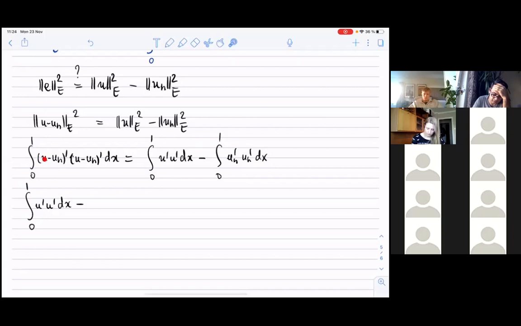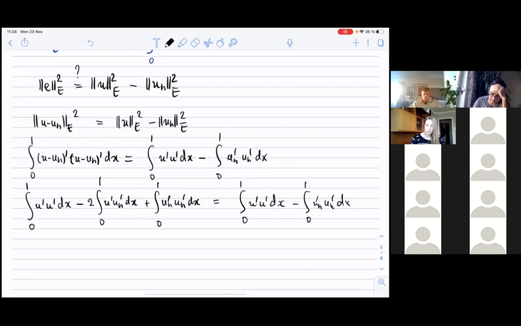The second one is u prime times u_h prime, and there is also u_h prime times u prime, so the sign is negative: negative 2 times the integral from 0 to 1 of u prime u_h prime dx. And the last one, minus times minus, is plus the integral from 0 to 1 of u_h prime squared dx. Still on the right-hand side, we have the integral from 0 to 1 of u prime squared dx minus the integral of u_h prime squared dx.